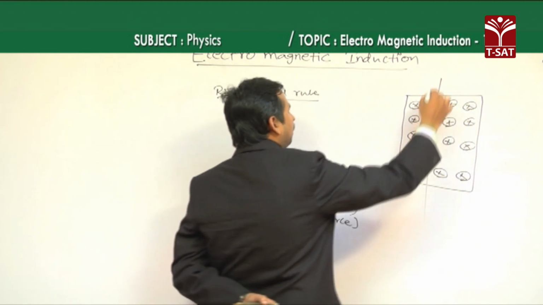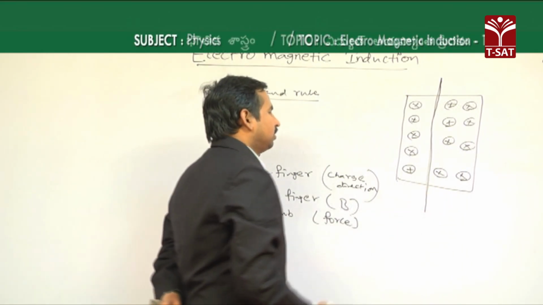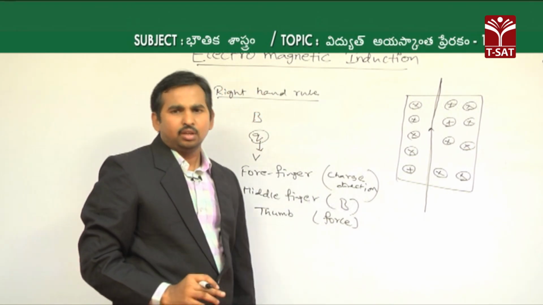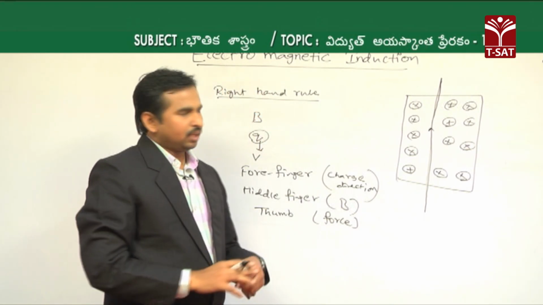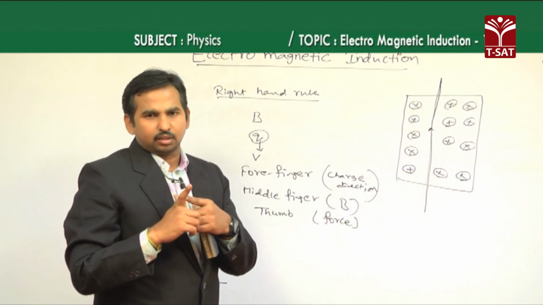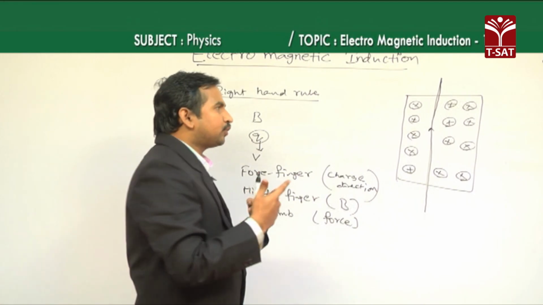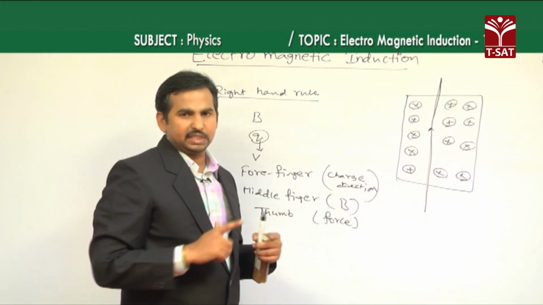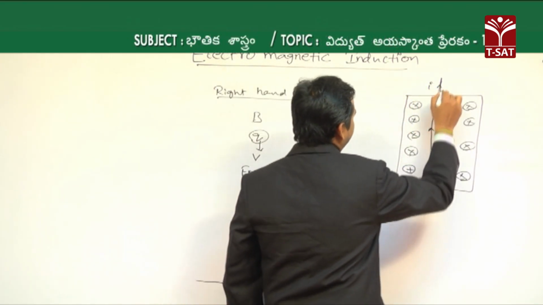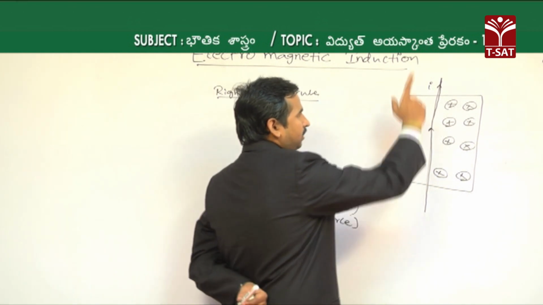Now, what is the direction of the magnetic force acting, we will see. As I said before, first fix the direction of the forefinger, which is the direction of charge, that is, the rate of flow of charge, the current direction. As the current direction is upwards, we have to take the forefinger upwards like this.